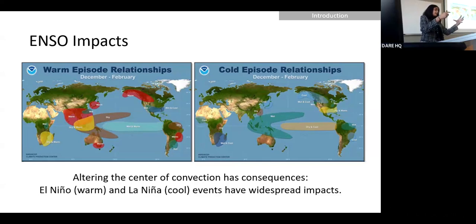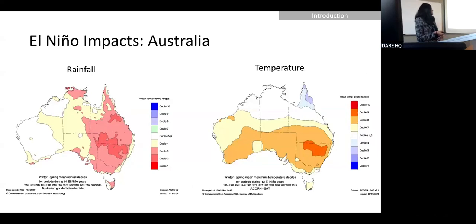And that then induces a perturbation to the atmosphere that can propagate. And those propagating waves perturb weather all around the globe. For Australia in particular, El Niño typically means drier conditions and hotter conditions. And La Niña typically means wetter conditions and cooler conditions.